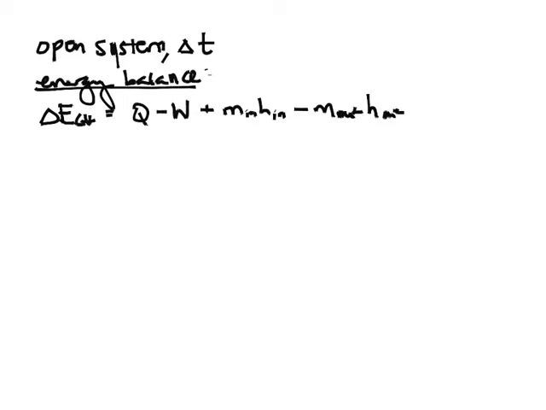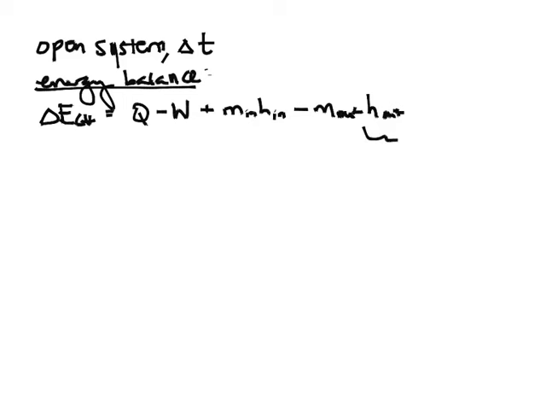The change in energy of the control volume is going to be equal to the heat transfer, Q, minus the work done on or by the system, W, plus the mass in over the time delta T, m sub in, times the enthalpy of that mass, h sub in, minus the mass out during that time delta T times the h sub out.